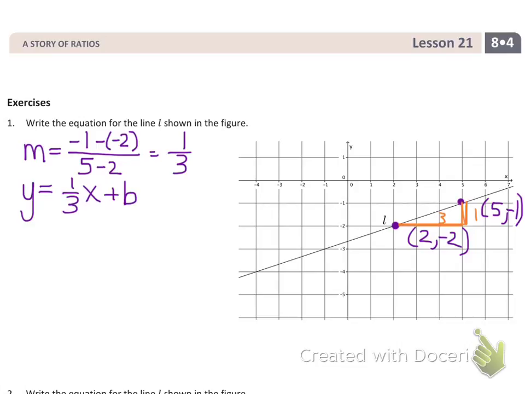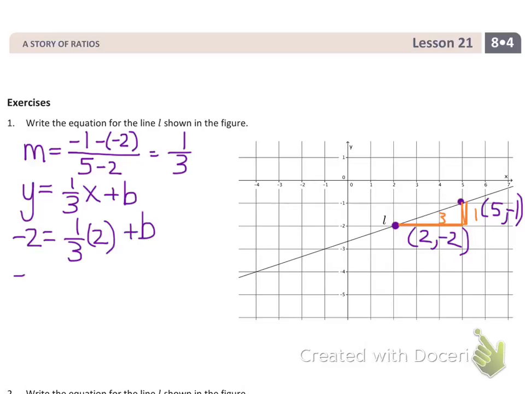Okay, so we do have a couple of known points. So let's use (2, -2). So the y-coordinate is going to substitute in for y. So that'd be -2 is equal to 1/3 times 2, the x-coordinate, plus b.